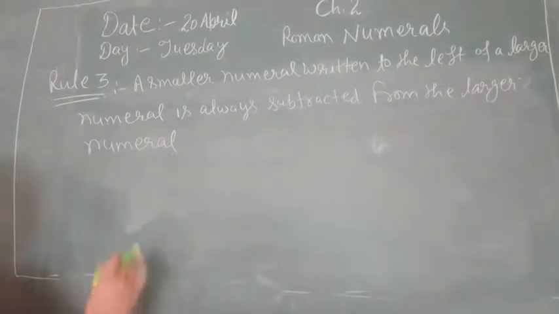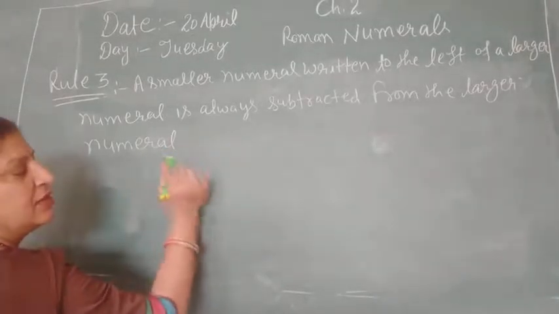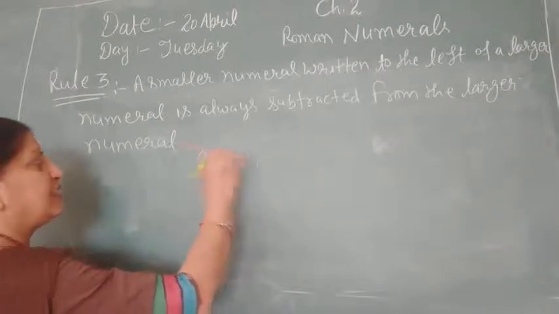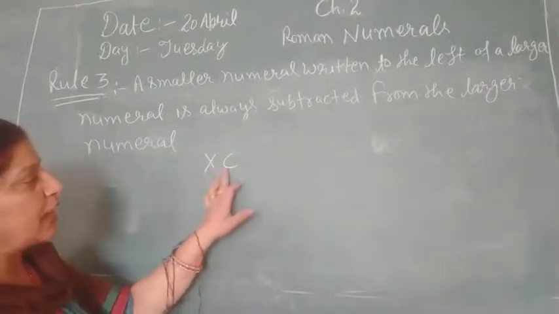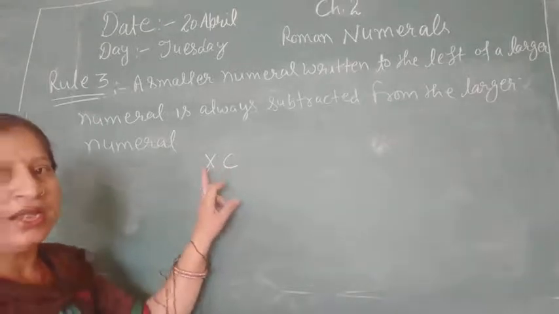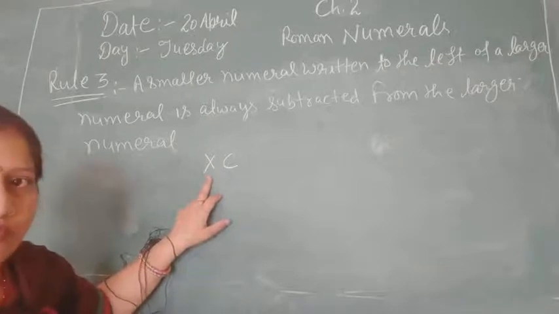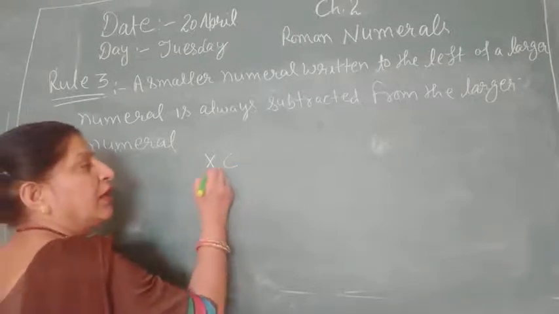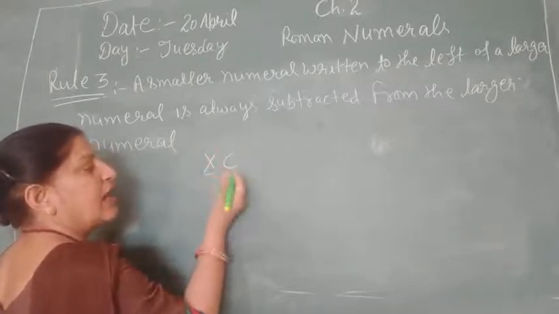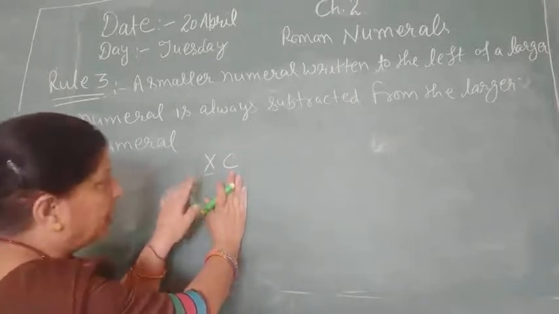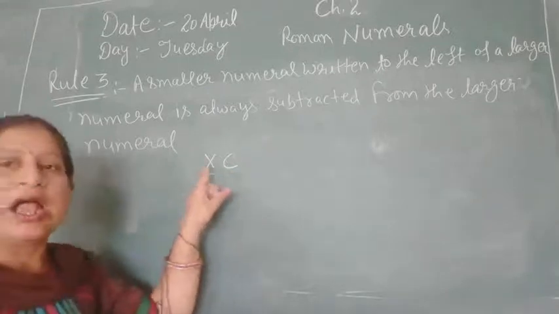First, let us take an example, just like we write XC. Now we know that C is greater than X. The value of C is greater than the value of X. So X is written on the left side, because this is the right and this is the left.